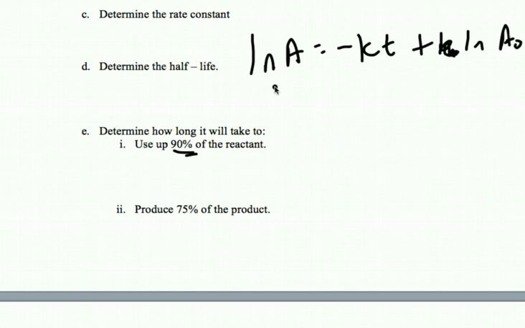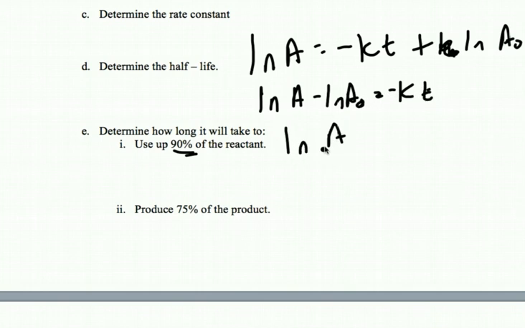So if I didn't know my original amount, I know I do in this case, but this will happen where you don't know the original amount. If I didn't know my original amount, ln of a minus ln of a naught, some of you have worked with natural logs already, is equivalent to ln of a over a naught is equal to negative kt.